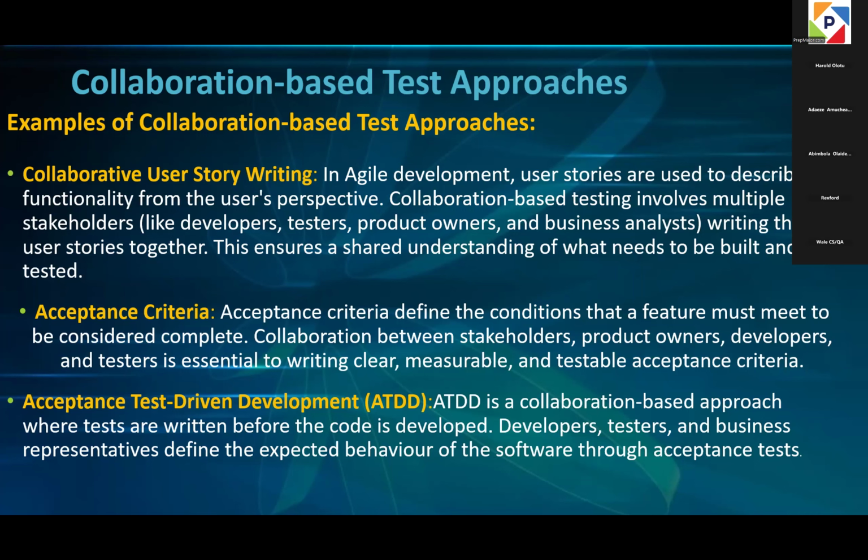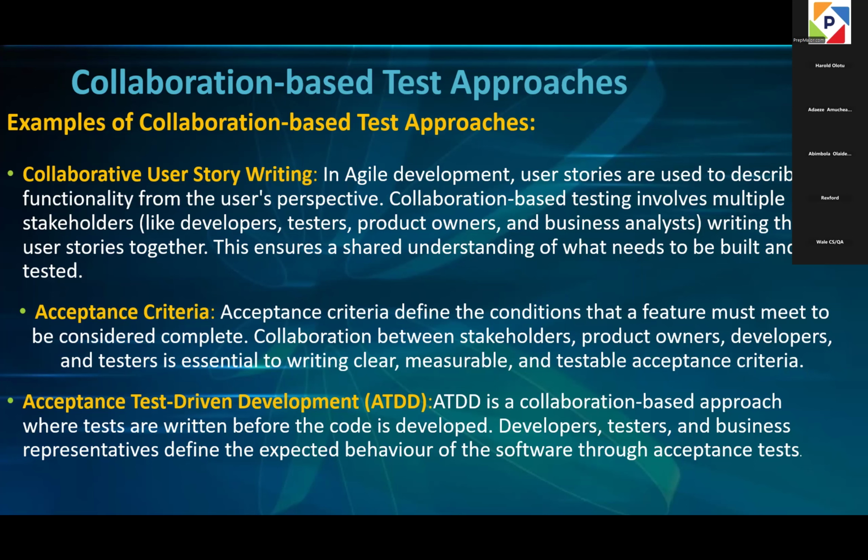Then we have the acceptance test-driven development, ATDD. It's a collaboration-based approach where tests are written before the code is developed. Developers, testers, and business representatives define the expected behavior of the software through acceptance tests. ATDD is a kind of development-driven approach whereby developers most especially begin to write test cases even before the code is developed.